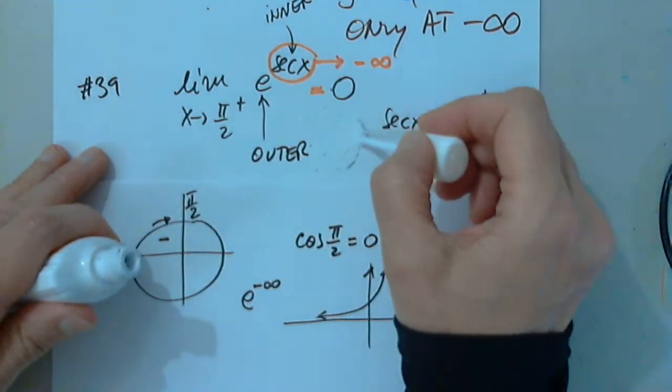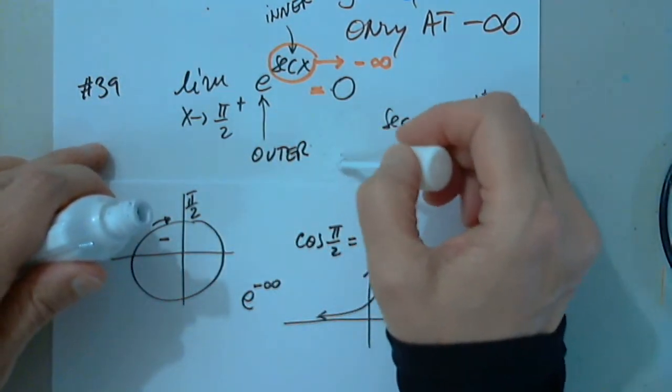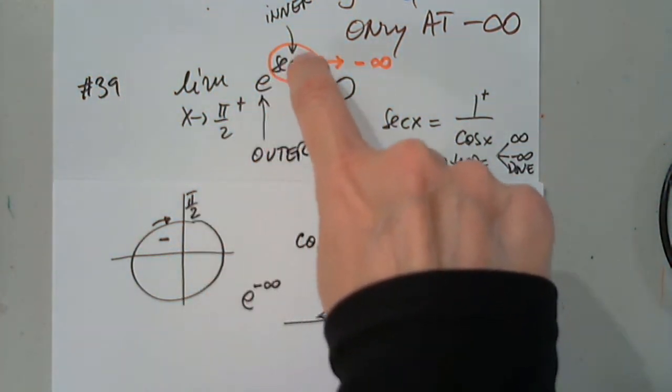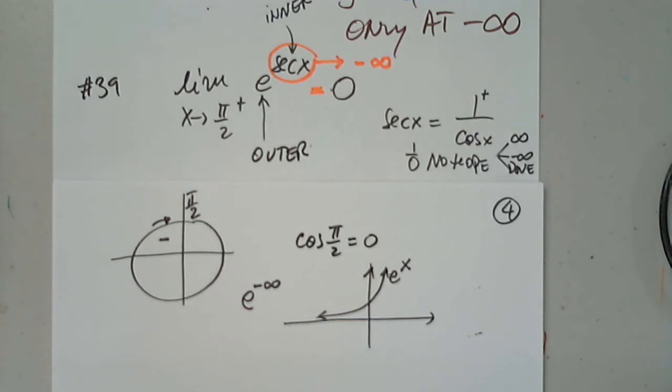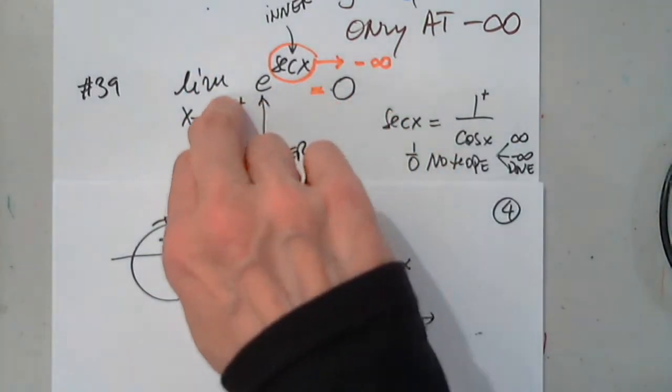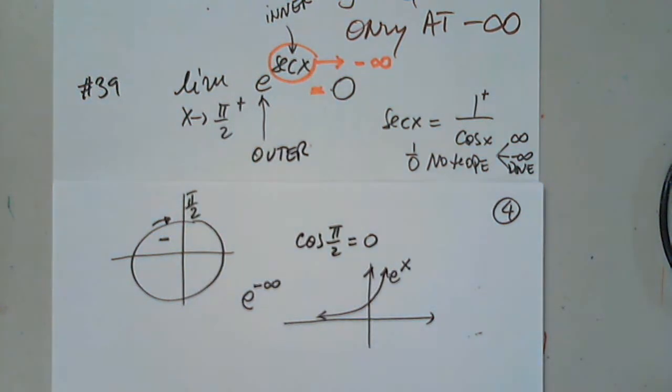I got carried away. The function is e to secant x when x approaches pi over 2. Okay, this is not infinity. If this were infinity, I would have said that is a horizontal asymptote, but that's not the case.